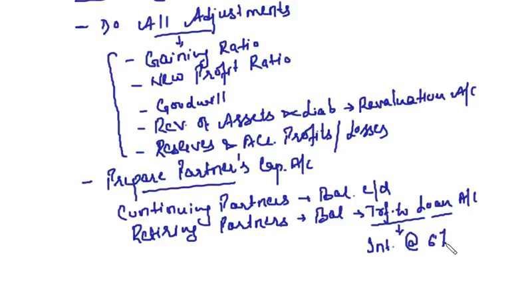For the continuing partners, that will be the balance they continue in the new balance sheet. For the retiring partner, that balance will be transferred to his loan account, and that loan will carry an interest of 6% unless otherwise agreed by the partners.